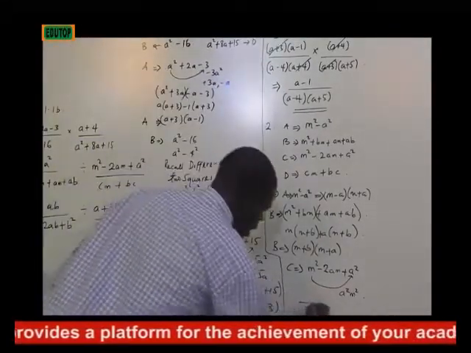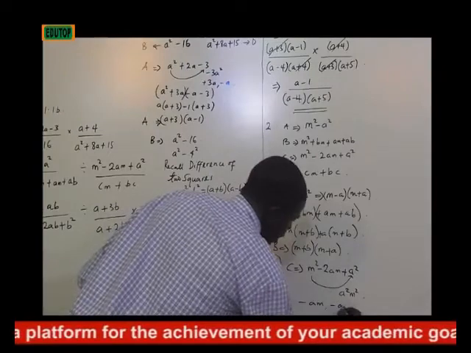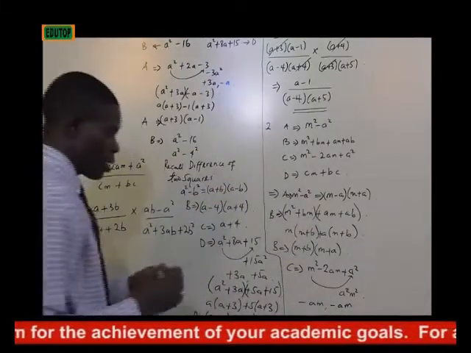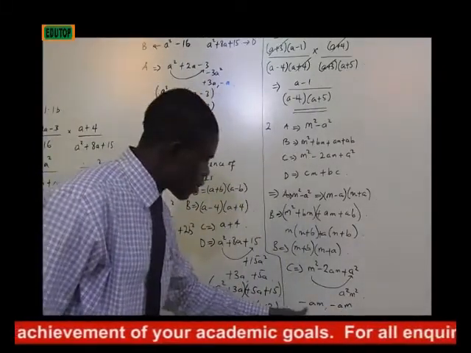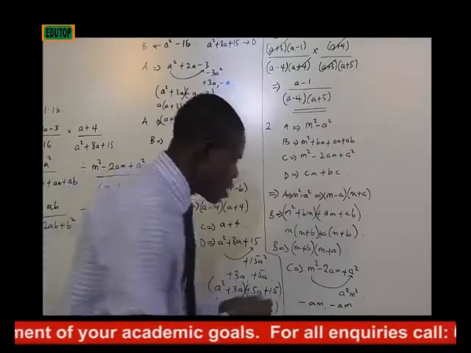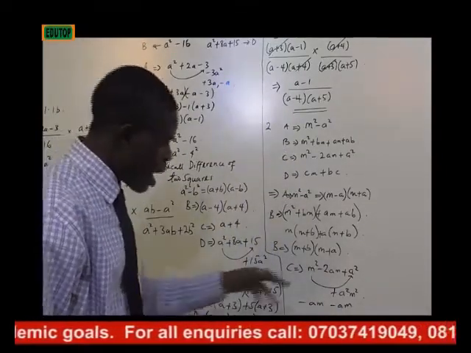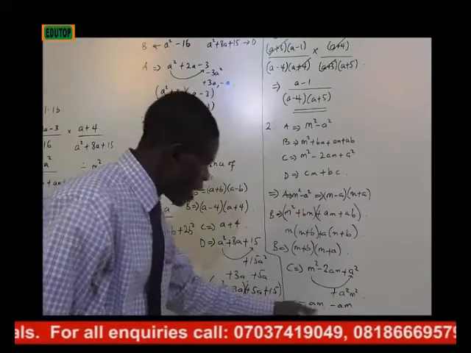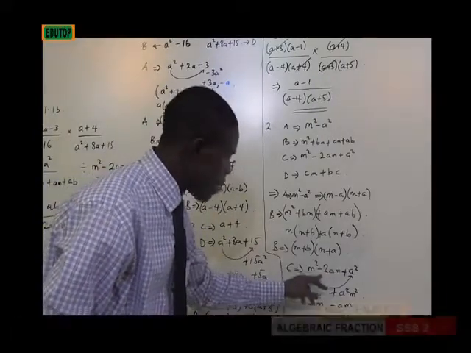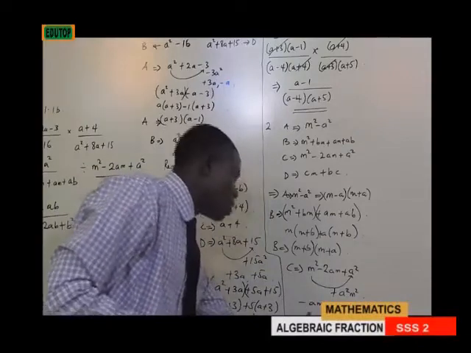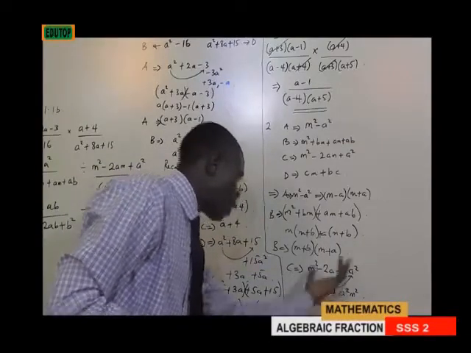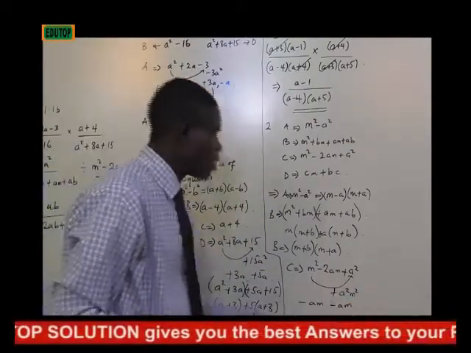Automatically it should be minus am, minus am. Why? Because minus am times minus am will give us plus a squared m squared, then minus am minus am will give us minus 2am. That is why these are the factors of this.